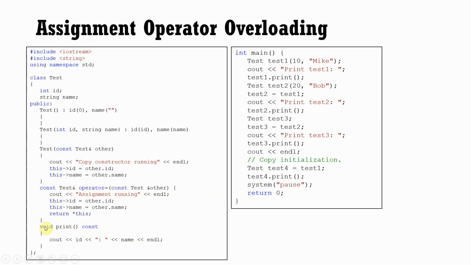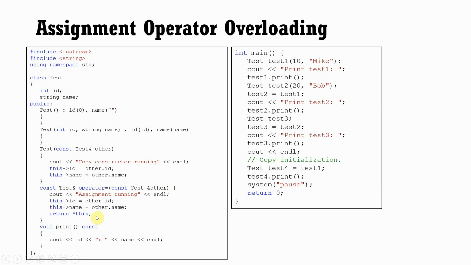Again, if we don't define it, the compiler will generate it for us. In the case of this class, where we don't have any pointers and dynamic variables, the compiler-generated assignment operator would be sufficient, and it would do exactly what this one is doing.